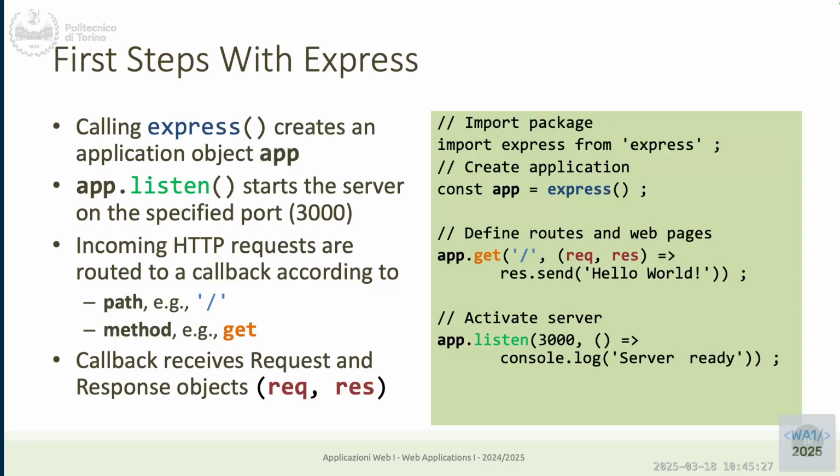Otherwise, you need system permission to listen on lower numbered ports. So usually we use 3000, 3001, this range of numbers, just for development. So when we call the listen method, the server is started and starts to listen to HTTP requests coming on that port.